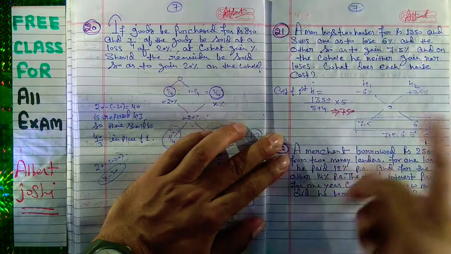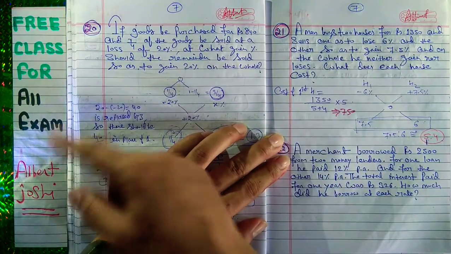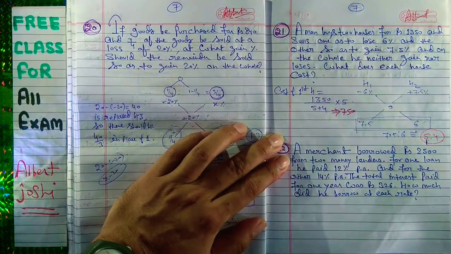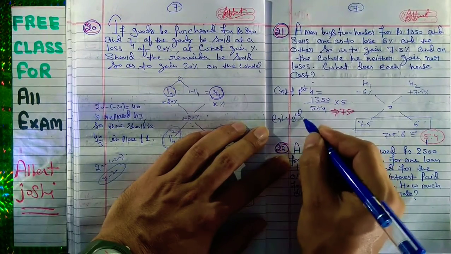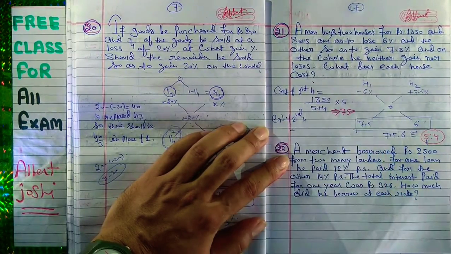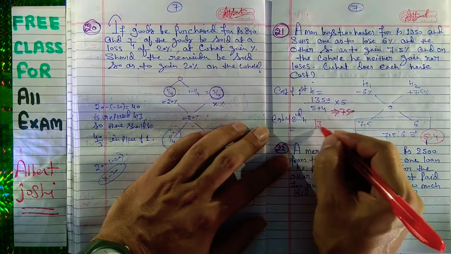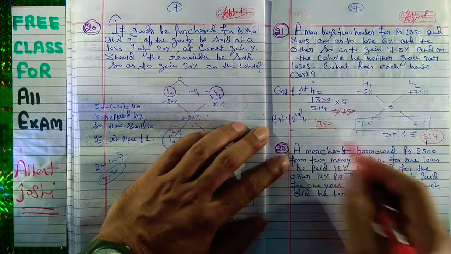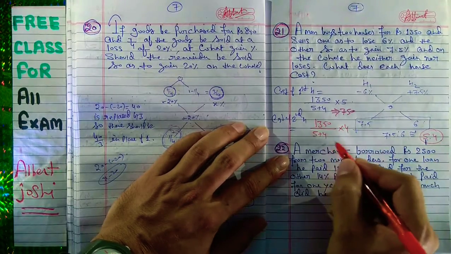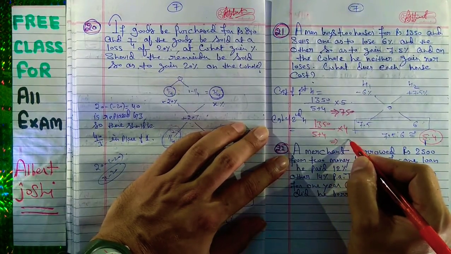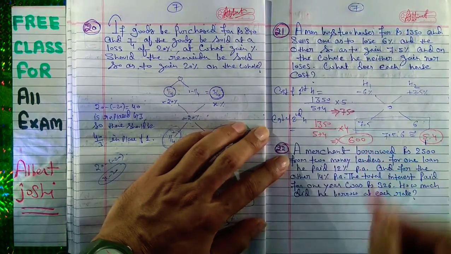If you are not getting it, you must go through the ratio and proportion chapter, then it will be clear. The cost of the second horse is equal to total cost 1350 upon 5 plus 4 into 4. If you solve it, you will get 600. Very simple.